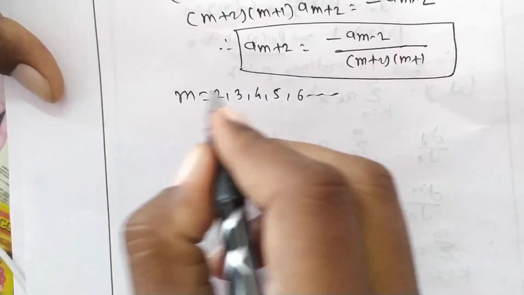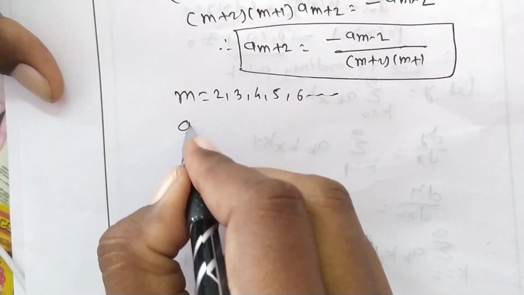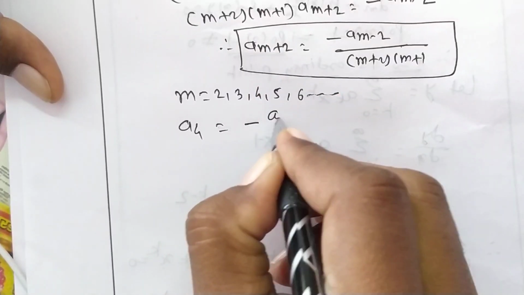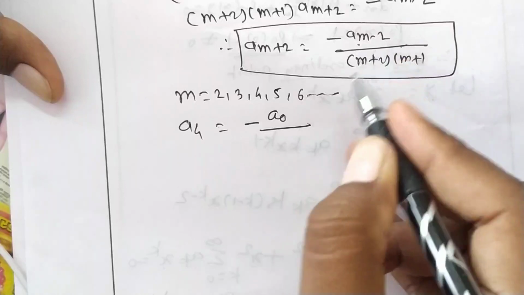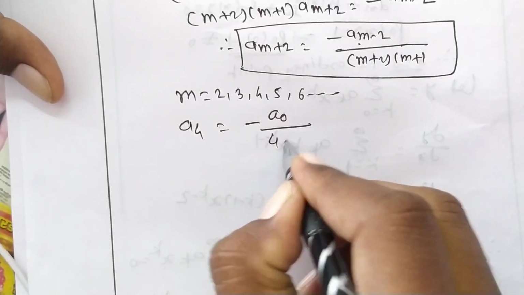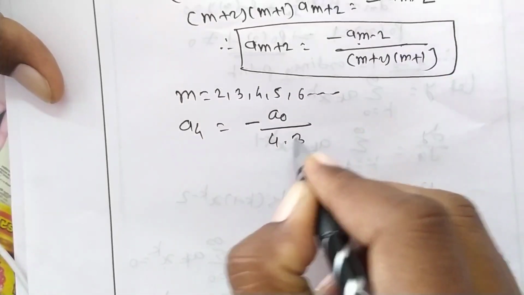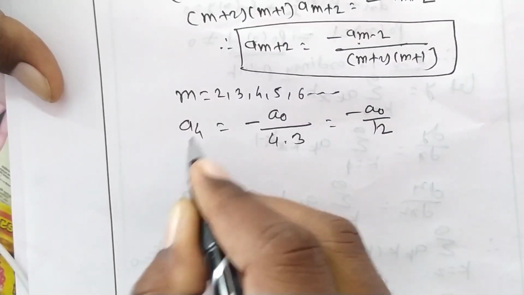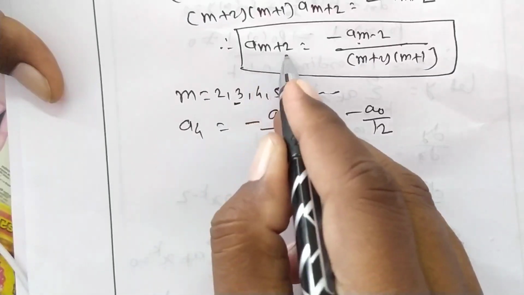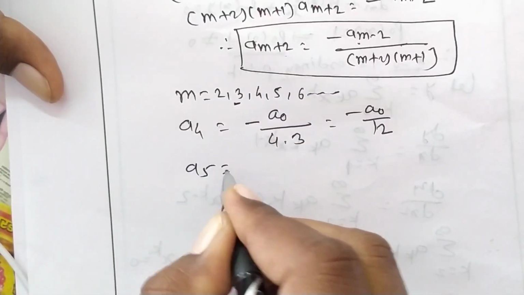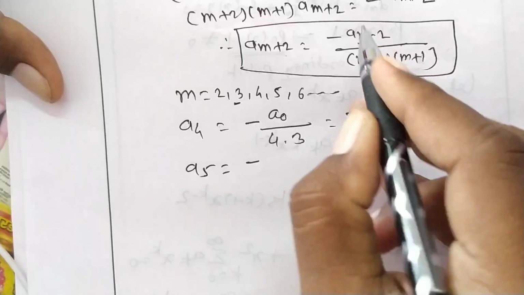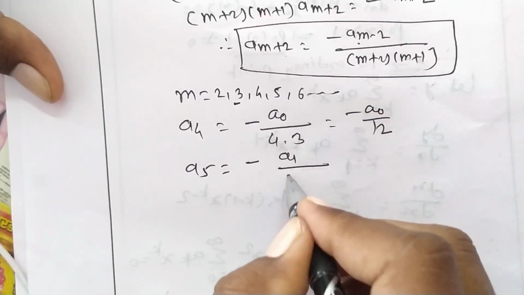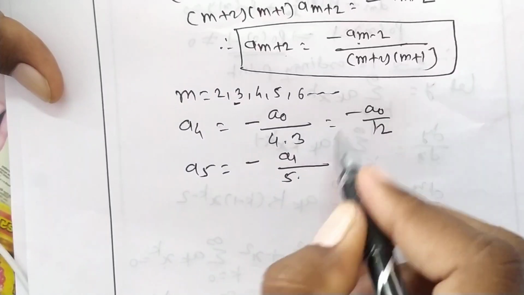So if we put m equal to 2 here, then we will get a4, 2 plus 2, 4. a4 is equal to minus a0, 2 minus 2, 0, upon 2 plus 2 is 4 into 2 plus 1 is 3. So this is equal to minus a0 by 12. Then if we put m equal to 3, so 3 plus 2 is 5. So a5 is equal to minus 3 minus 2 is 1, a1 upon 3 plus 2 is 5, and 3 plus 1 is 4.